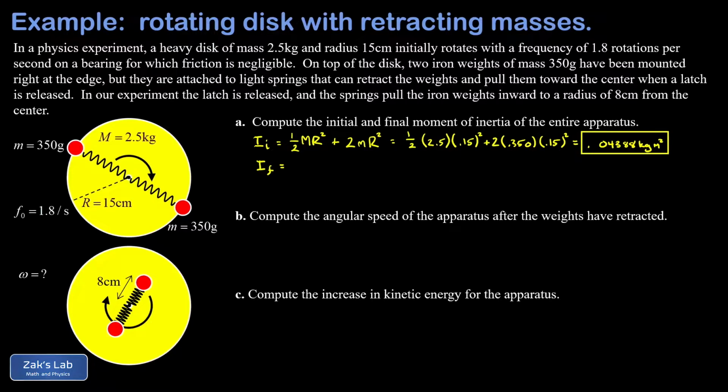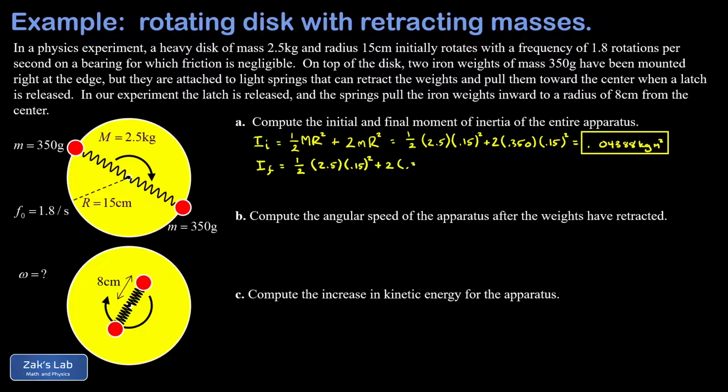Now for the final moment of inertia, I know it's going to be less than the initial, because I have more mass concentrated closer to the center of rotation. And all we have to do is adjust for the fact that these iron weights are now at a smaller radius. They're at 8 centimeters from the center. And we'll go ahead and just plug in the numbers right from the start. I have the original disk. It has the same moment of inertia as before. I have 2 of those masses.